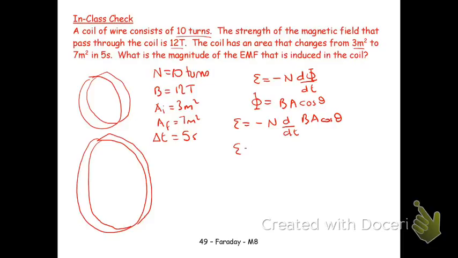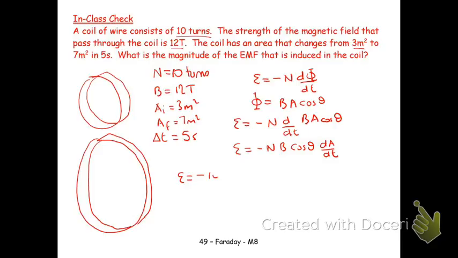Let's take out all the stuff that's constant. Well, my N is constant, and this time my B is constant, and my cosine the angle is constant, but I have a dA by dt.